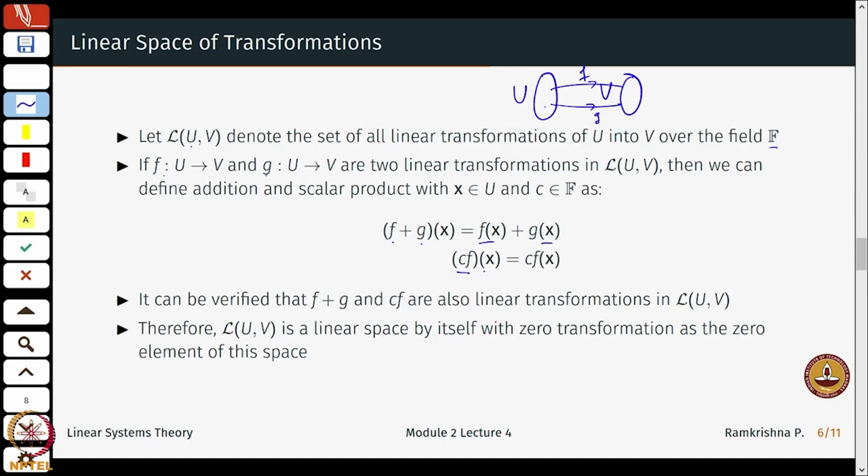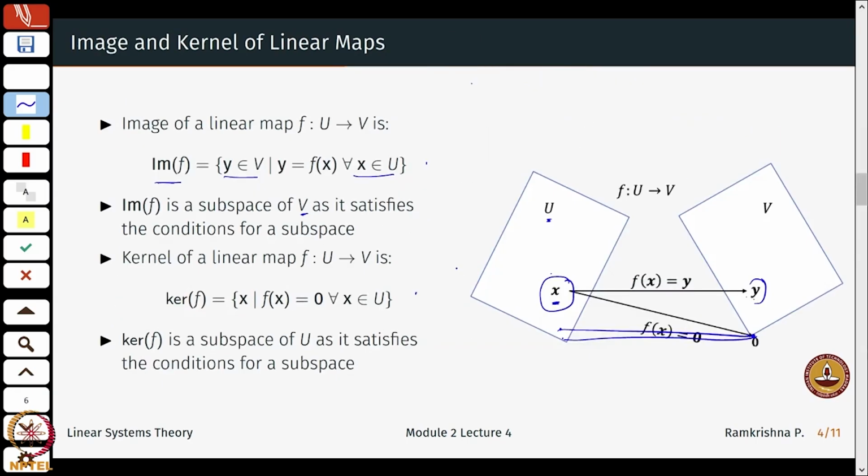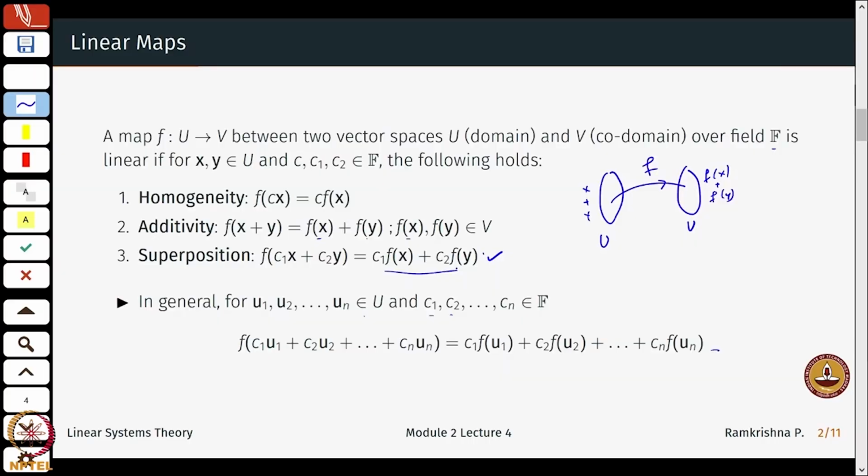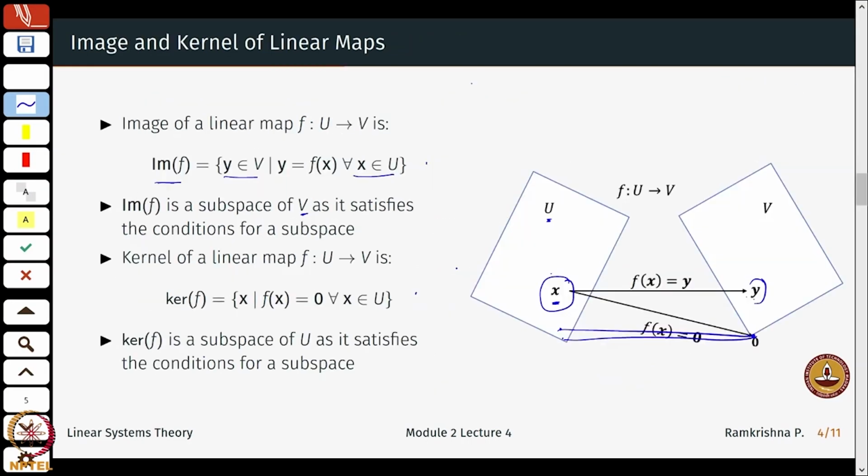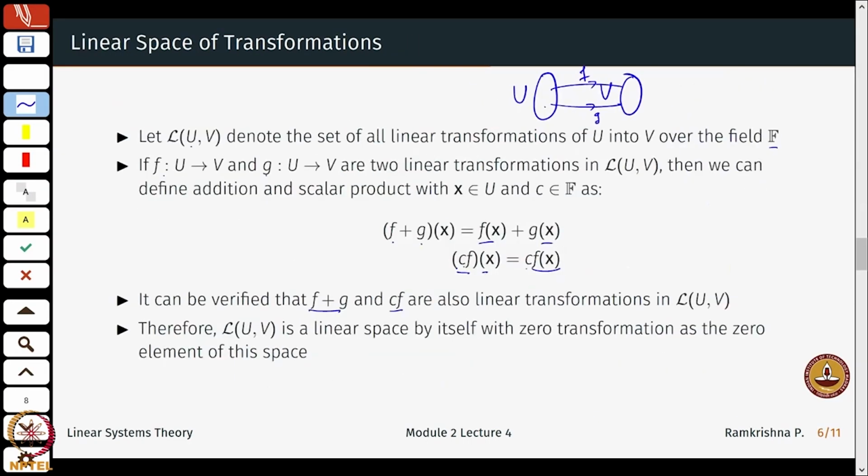Similarly, I can do it with scaling. So, c times f acting on x will be f of x first and then multiplied by c. It can be verified that f plus g and c times f are also linear transformations. It is very simple to verify the properties that we had seen earlier, so I will not go into the details, but I think it should be obvious now.